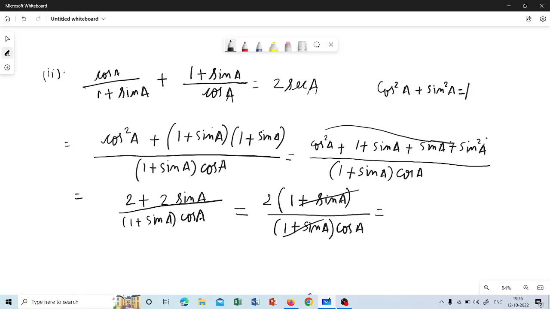Cancelling is nothing but, if there is a value x in the numerator and x by x is nothing but 1, so if both the terms are same, then you can cancel it. So it will be 2 by cos A, which is nothing but, if I take cos A in the numerator, it will become sec. So hence it is proved.